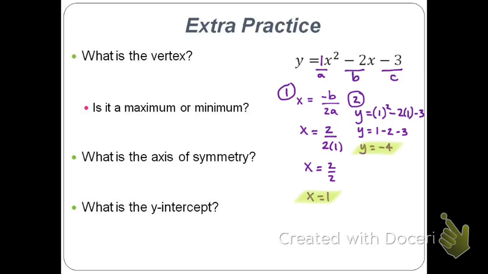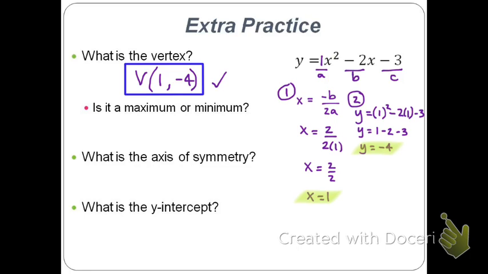Okay, so what do I have? The vertex that I came up with, I've solved to find that the x-coordinate is 1 and the y-coordinate is -4, so the vertex is 1, -4. Now, is this a maximum or a minimum?